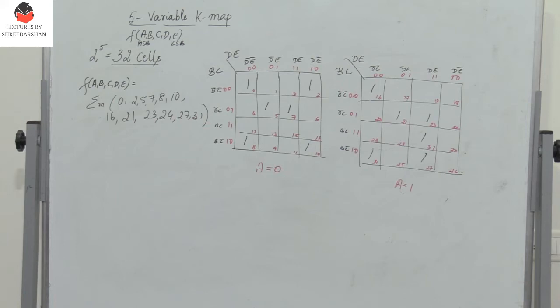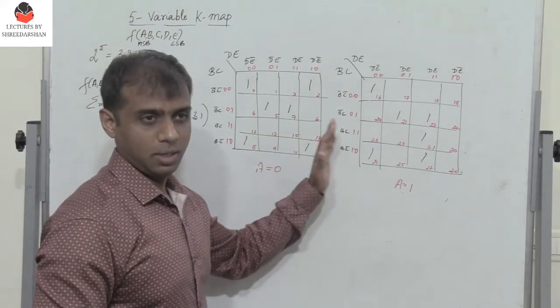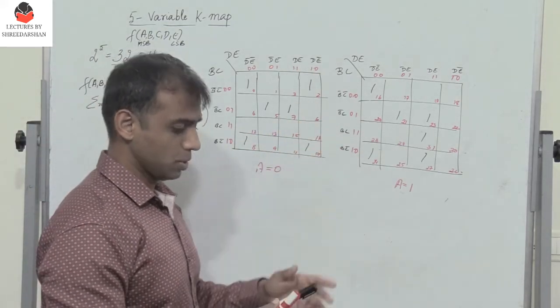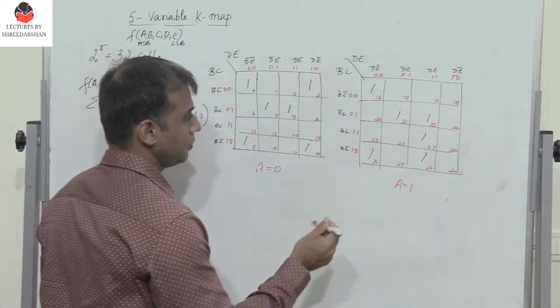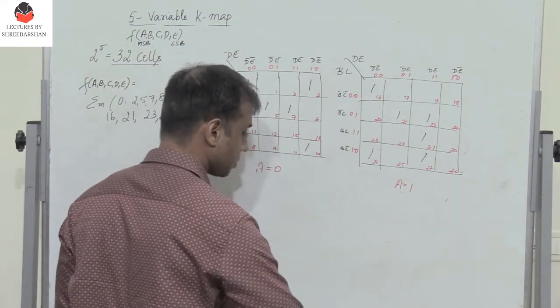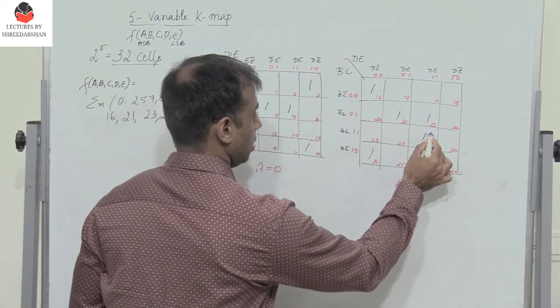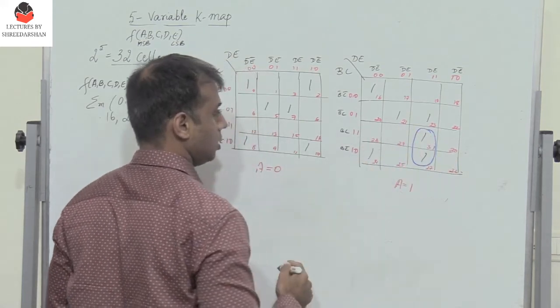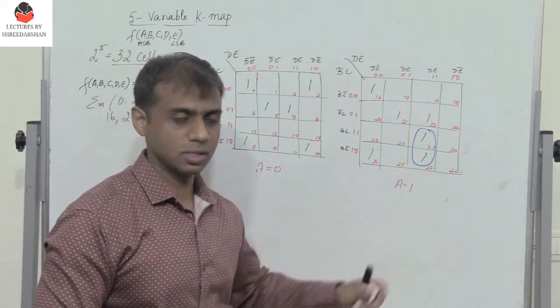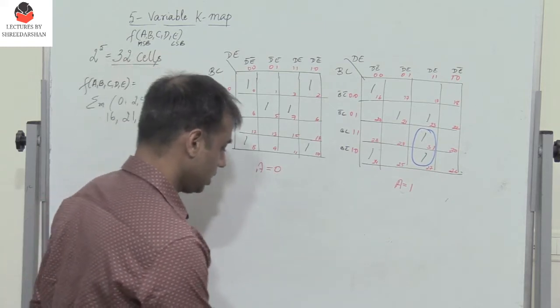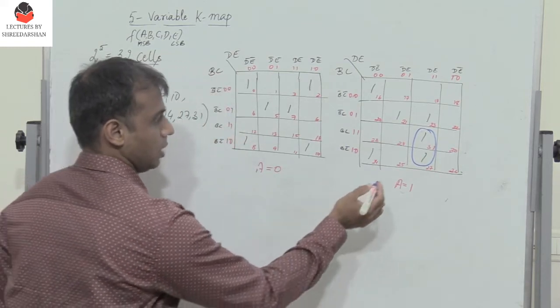So as I already have told you, I need to identify ones which are non-overlapping or which are not present in the common positions. So I find that I have these two ones which are very specific to this K-map. So here I can simplify these two ones.